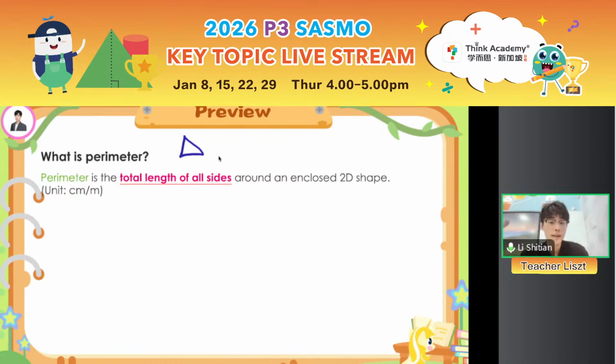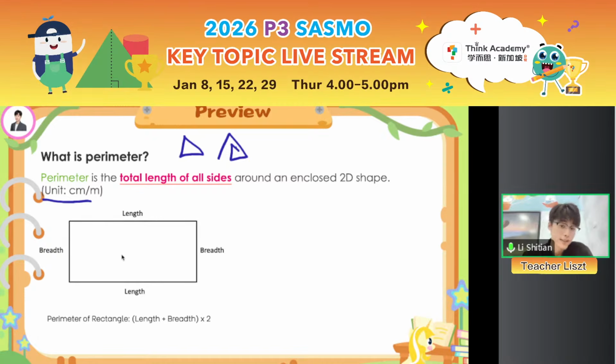But what if the shape is like this? Can you find the parameter now? No, because it is not an enclosed 2D shape. So we can only find the parameter of an enclosed 2D shape, which is the total length of all sides. One thing, don't forget the unit. The unit for the parameter is cm and m.